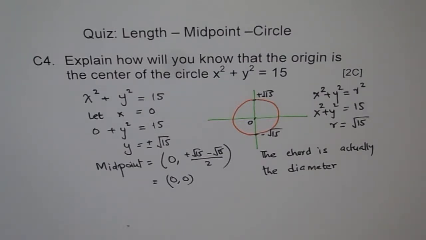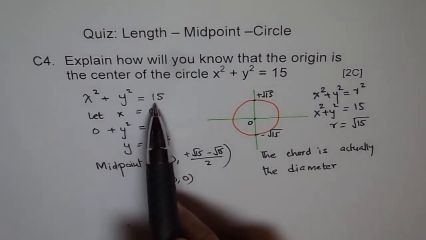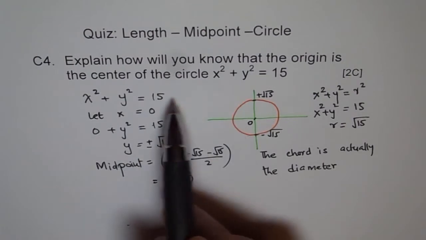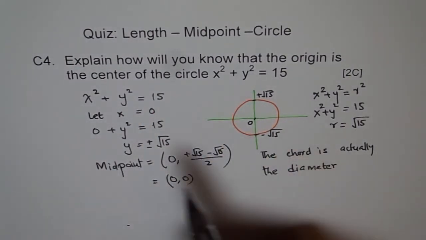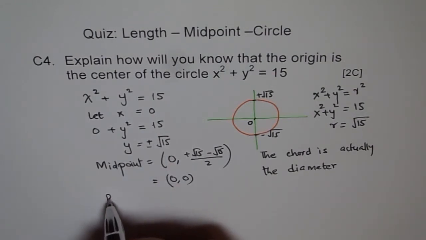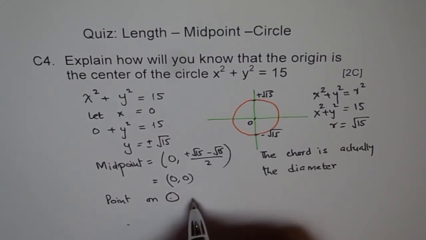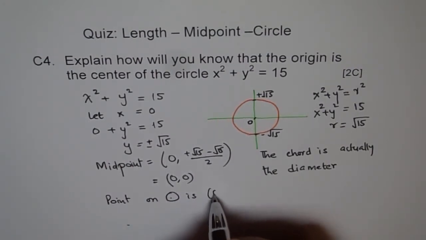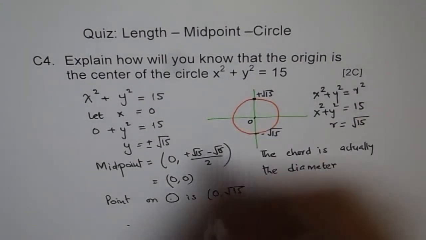The other approach is that we know that the radius is square root of 15, right? We can find any point on the circle, which we found as 0 and square root 15. So a point on the circumference of the circle is 0, square root 15. This is a point on the circle, right?